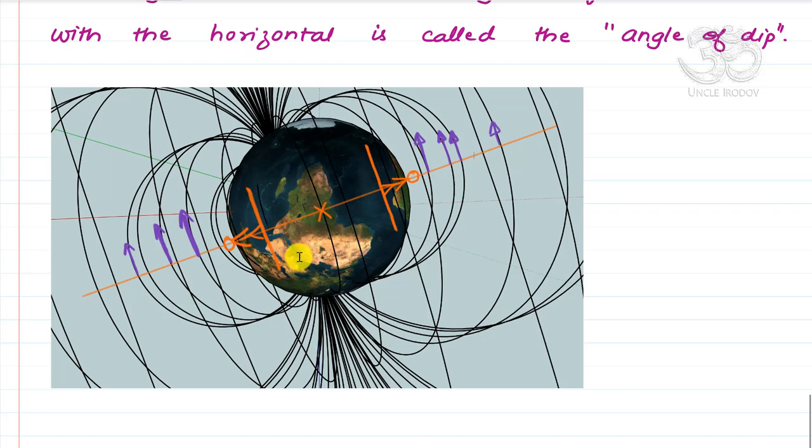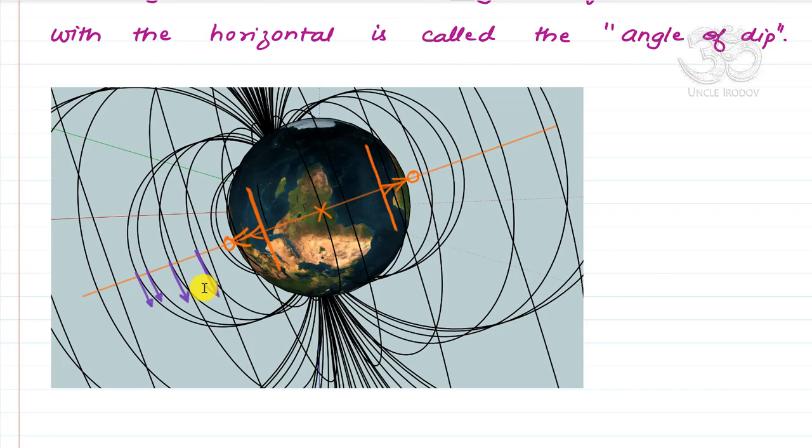This is pretty bad, what I've done. These arrowheads must all be in the other direction, because the north pole of the Earth's magnet is here somewhere, and that is going to emit out the field lines, and the field lines are going to go in that direction. So my bad. Kindly have a look at the arrows again. First on the left hand side, like this, and then like this, and then like this.